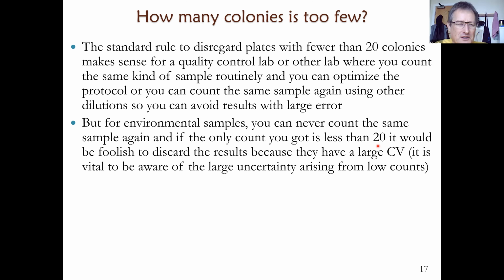Another, very different example is when we are averaging across different samples. So let's say you take a sample from the same place at different times and you want to average those, or you take samples from different places in the lake and you want to average over those to give the average count of bacteria in the lake or average count over time.